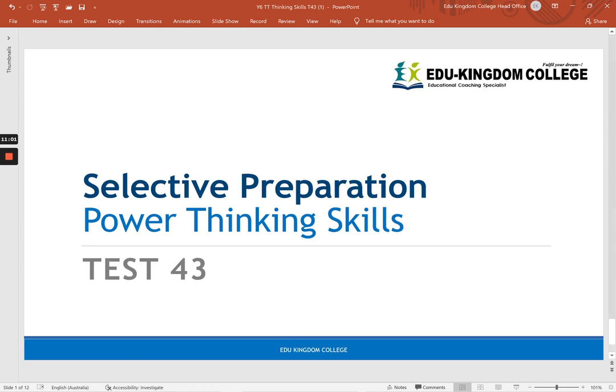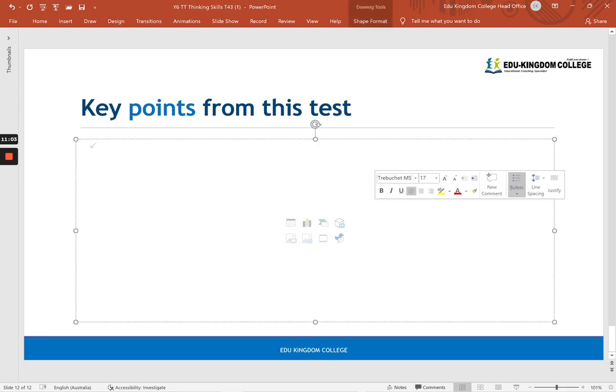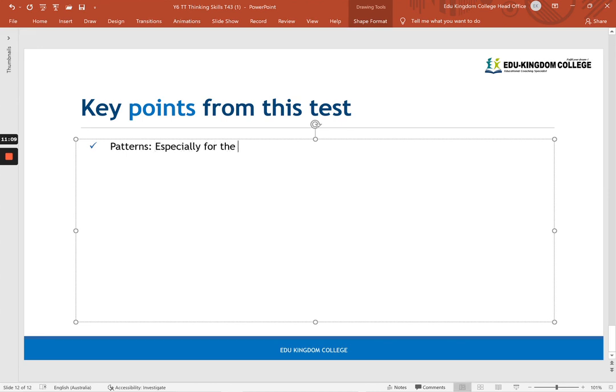Okay, so some key points. I want to talk about, first of all, patterns, especially for the matrix or 3 by 3 grid patterns. Please make sure you are zooming out and looking at the macro pattern first.